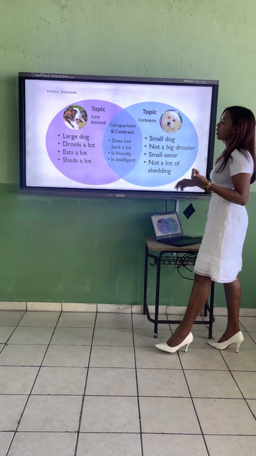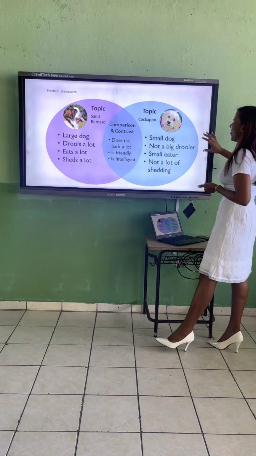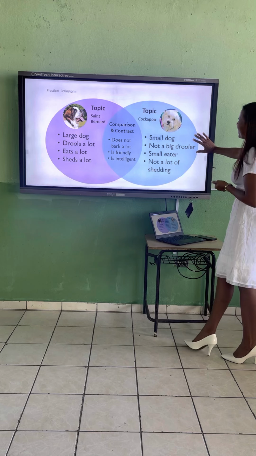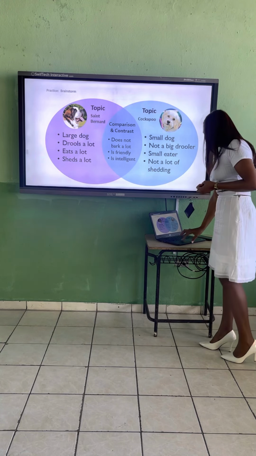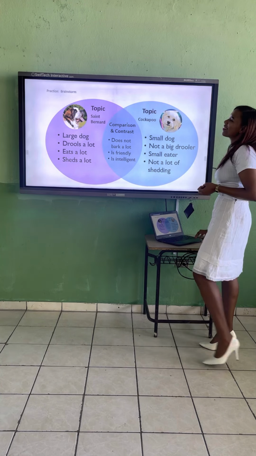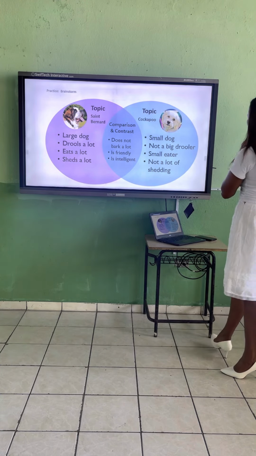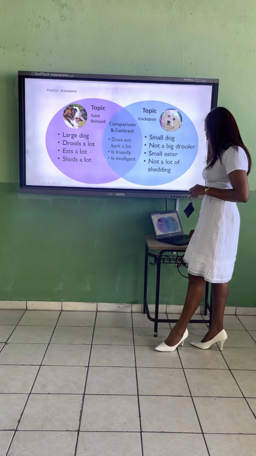Once you've settled on your subjects, you can begin generating ideas, brainstorming. It helps to first list all the similarities and differences between those two subjects. When you see them all written down, imagine those examples.